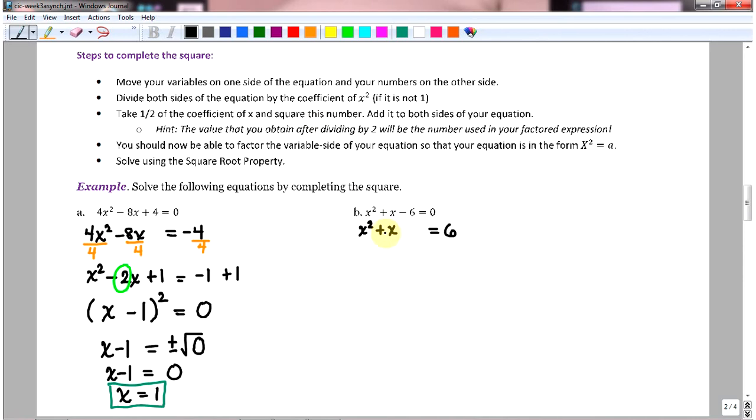Well, we don't have a number written in front of x, so that means that the understood coefficient is a 1. So if I take half of 1, that's just a half, and then squared is 1/4. So that's what I need to add to both sides of my equation.